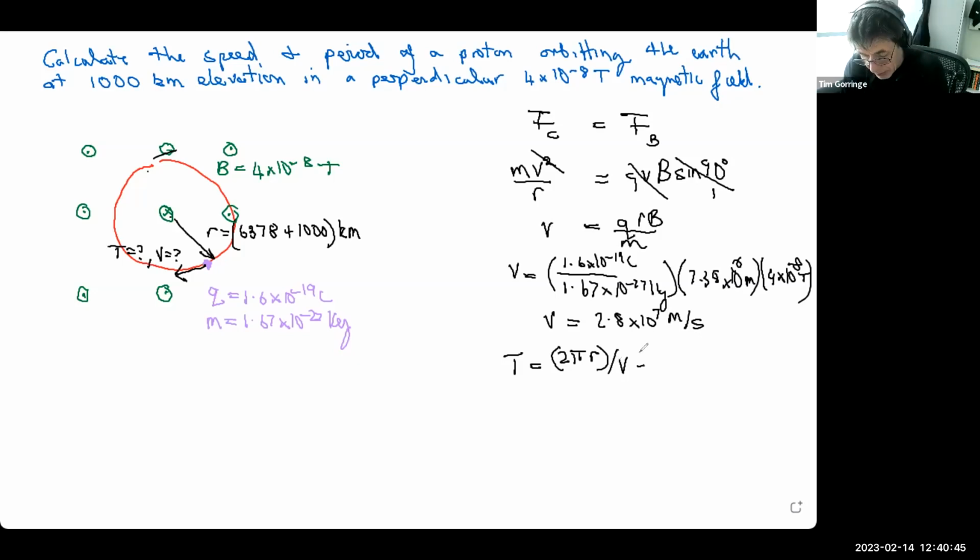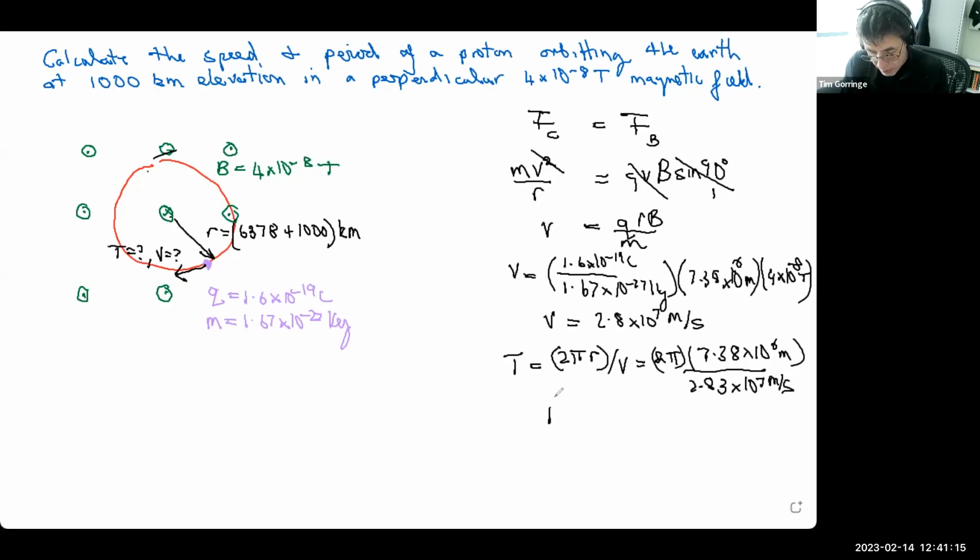We just got to fill in the numbers here, because we know in the numerator we've got 2 pi times the radius, which again is this 7.38 times 10 to the 6 meters. And then we've got to divide that by the speed that the proton is moving at. That's the 2.83 times 10 to the 7 meters per second.